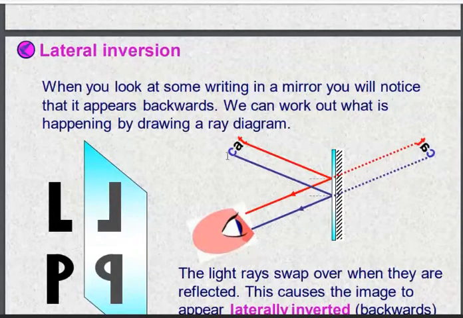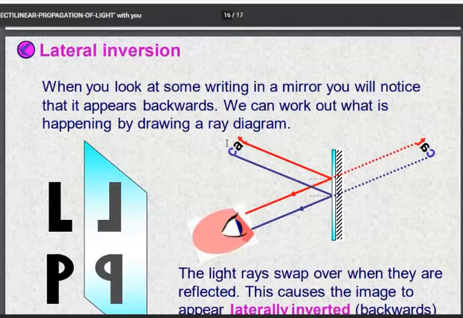Take the word CAT. Here, C is on the left side and T is on the right side. In the image, C will appear on the right side and T will appear on the left side. So that is lateral inversion.